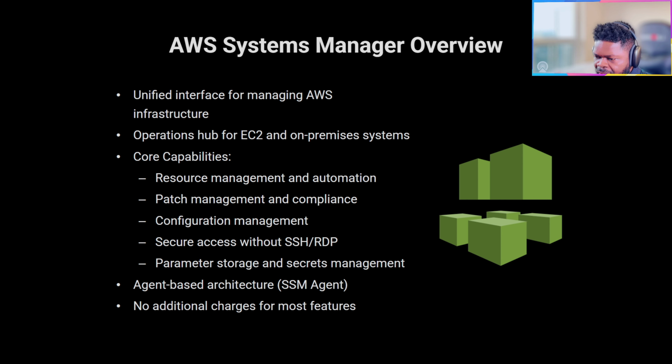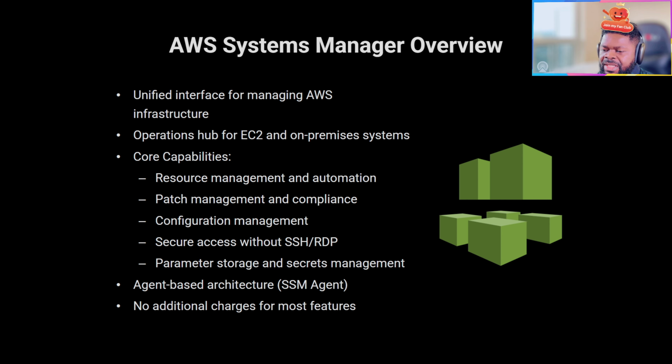What it means is that it's not just your own infrastructure inside of AWS, in this case your EC2 machines, but also machines that are on premise, so not inside of AWS.